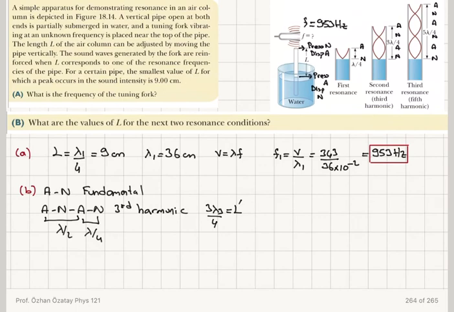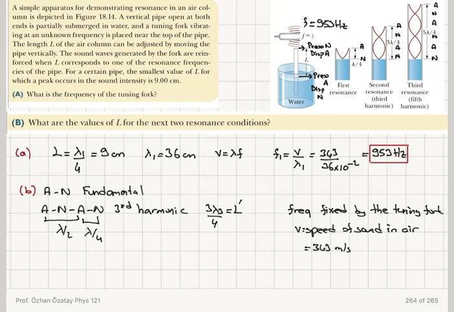Alright, so does the wavelength change when I change the length of the pipe? The frequency is fixed by the tuning fork. The speed of sound in air is fixed.